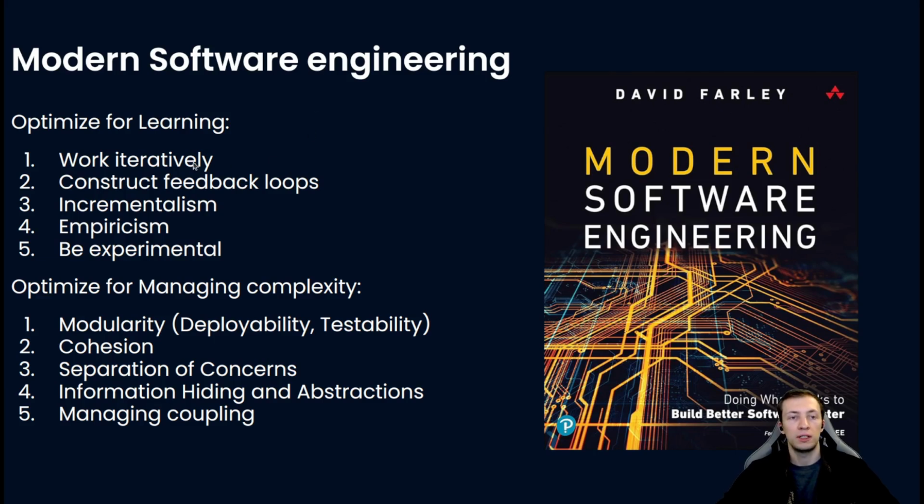In optimization for learning, we see small, incremental, iterative work, construction of feedback loops, which includes not only automated tests and test-driven development, but also tests from the clients, A/B tests, integration tests, acceptance tests, and so on. Incrementalism, working in small steps. Empiricism, getting data from your experiments and then deciding what to do next. And being experimental, applying different experiments to test this way or that way of implementation.